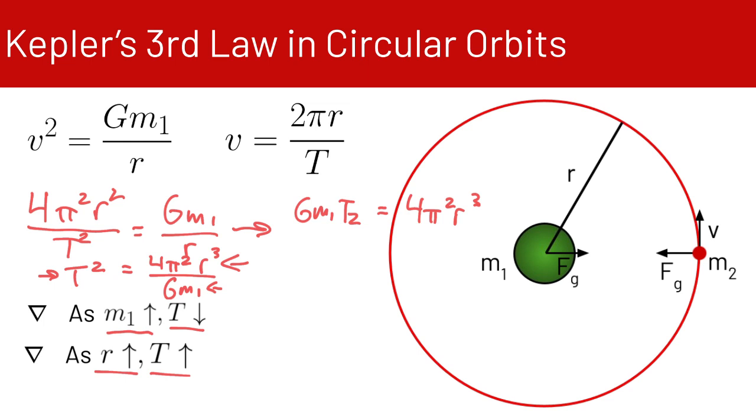In other words, as the mass of the central body, the planet, gets bigger, the time it takes for the satellite to orbit around it gets smaller. And as the radius, the distance from the central body, gets larger, the time it takes for the satellite to go around it takes longer.